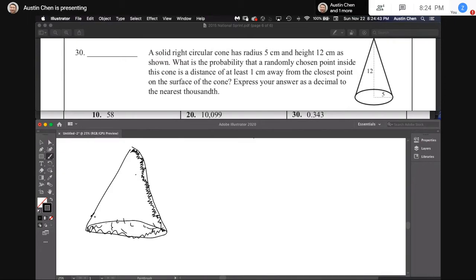So you have to be somewhere here, and this will form a new cone shape, right? So then basically the probability of this happening will be the volume of the new cone shape over the volume of the old cone shape. That's just like probability by volumes. That should be pretty intuitive.